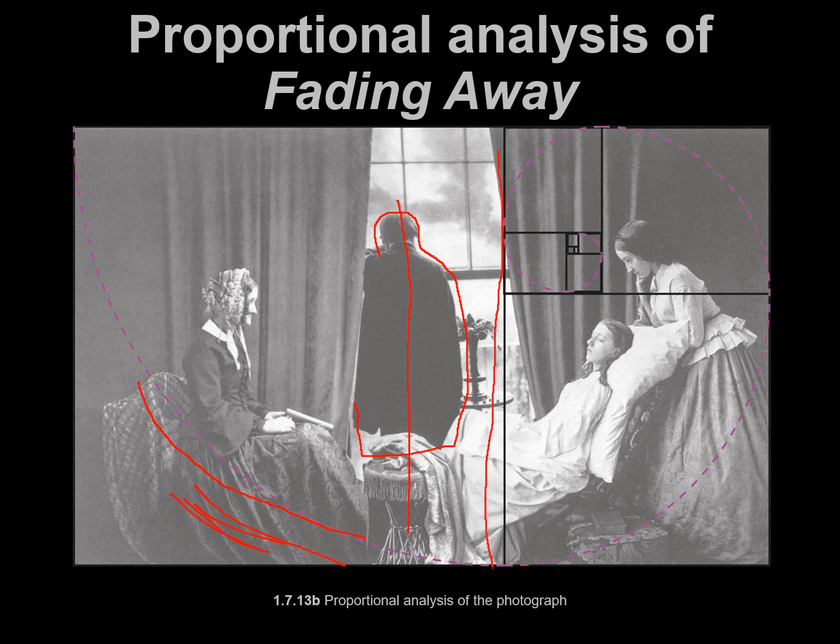It repeats that line, as if we break it down into these golden rectangles, these boxes, there is this repetition. So again, this is a perfect example, as you can see in this proportional analysis of this artwork, of how the artist has actually considered this, whether consciously or subconsciously, to create an interesting composition.